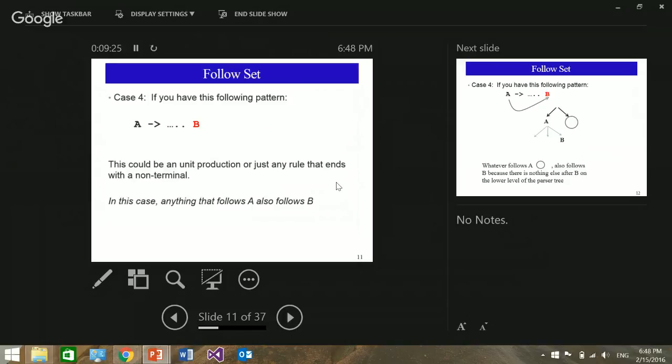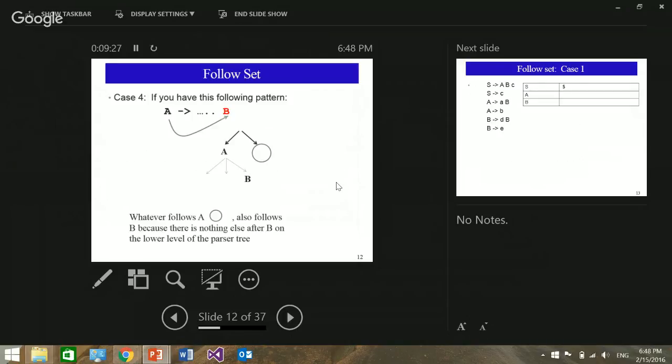Well, this is the real tricky one. Let's look at this. What follows big B? If you just look at the right-hand side, I'm at the end. It doesn't have anything after it. It doesn't have a little letter, it doesn't have a big letter, nothing.